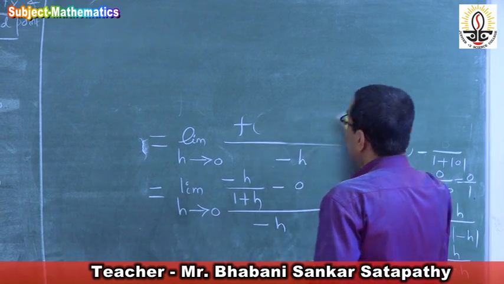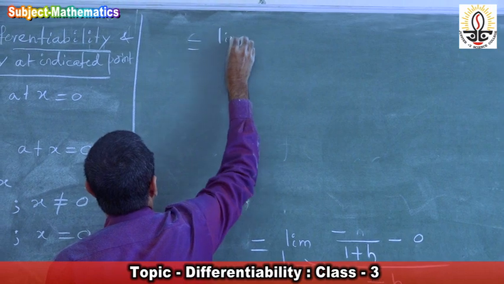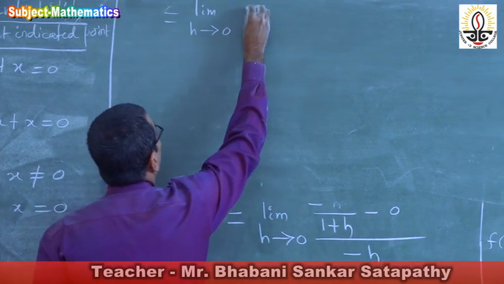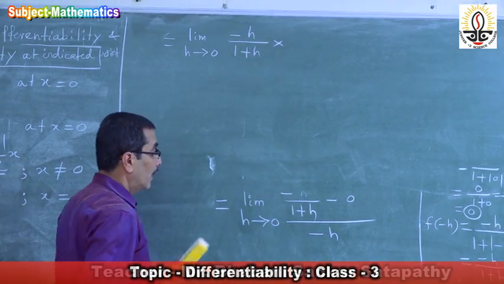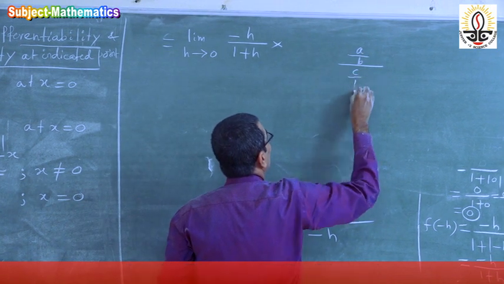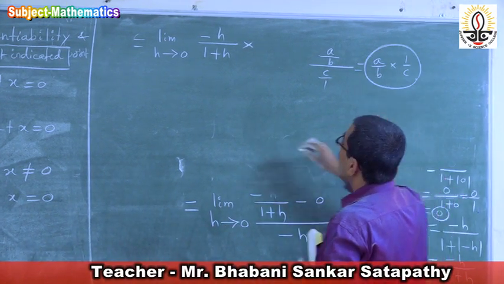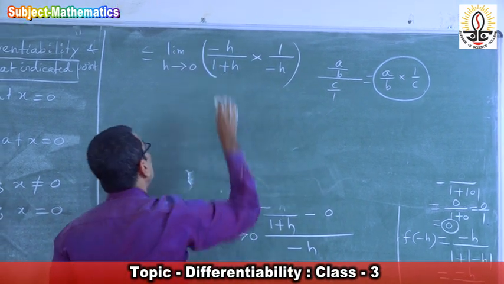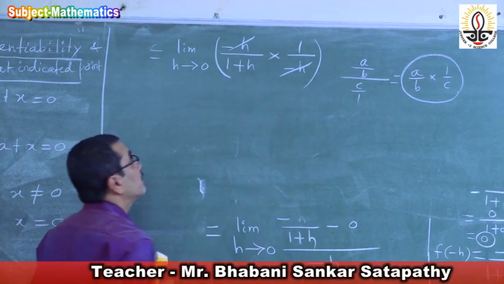So this limit is equal to limit h approaches to 0 of minus h by 1 plus h, into 1 divided by minus h. You know this: a by b divided by c is a by b into 1 by c. So here minus h cancels with minus h.